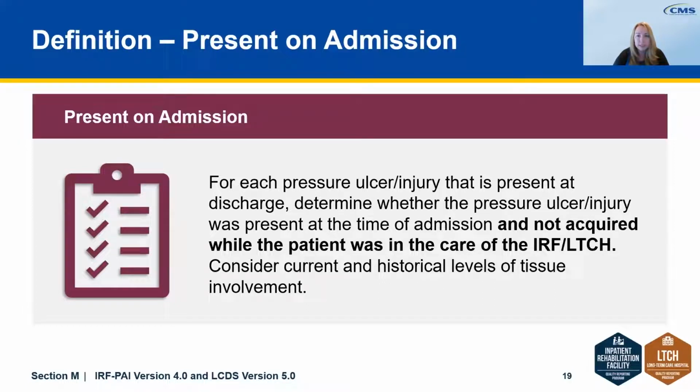If the location and stage of a pressure ulcer present at discharge was also reported at that same stage on the admission assessment, then it would be considered present on admission and not acquired while the patient was in the care of the IRF or the LTAC.